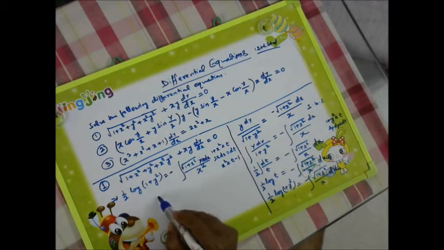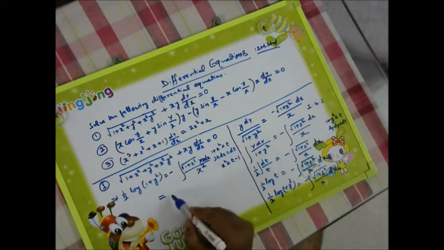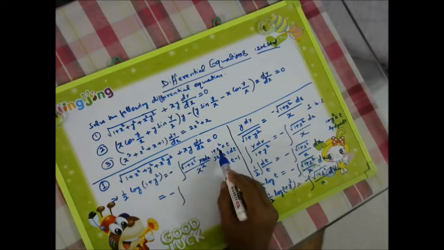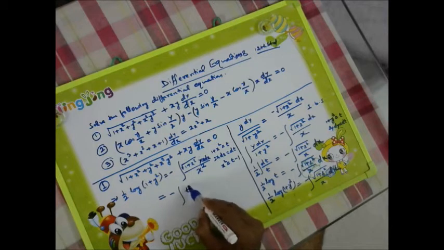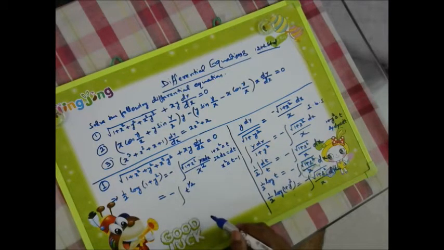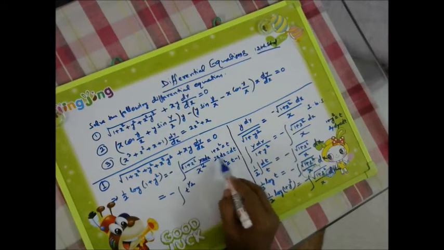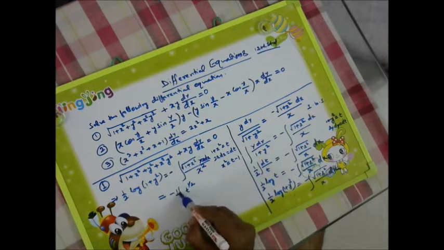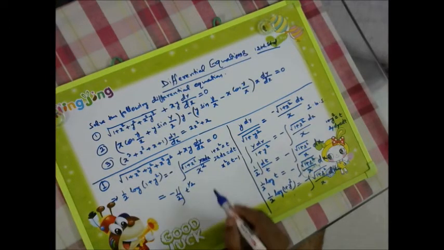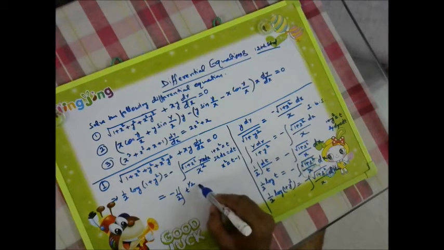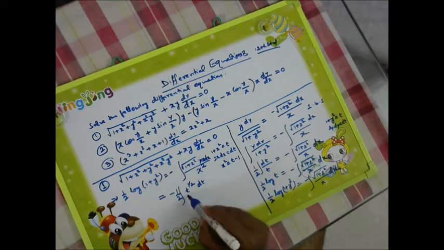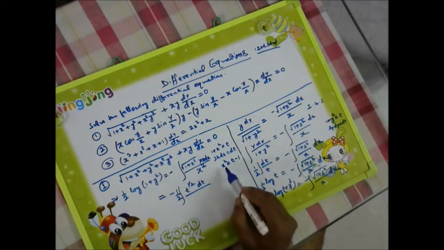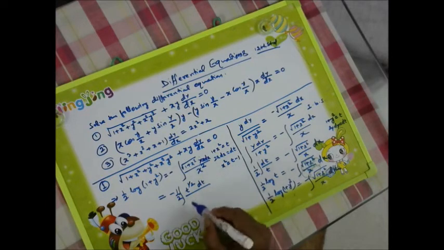So further, no need to write the LHS side, minus. So 1 plus x square is equal to t, so t to the power 1 by 2. And then x dx is equal to dt by 2, so I will put 1 by 2. And this side it will come as dt divided by, and x square is equal to what? t minus 1.